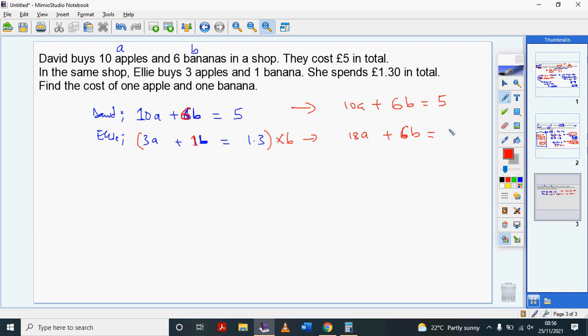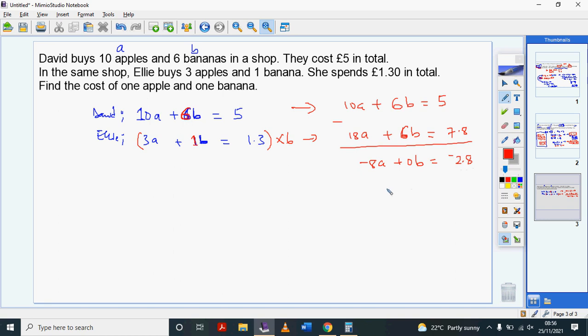Yeah, 7.8. Now since I want to eliminate the bananas, I'll just subtract. 10 apples minus 18 apples, I get negative 8 apples. 6 bananas minus 6 bananas, I get 0 bananas, is equal to 5 minus 7.8 is negative 2.8.